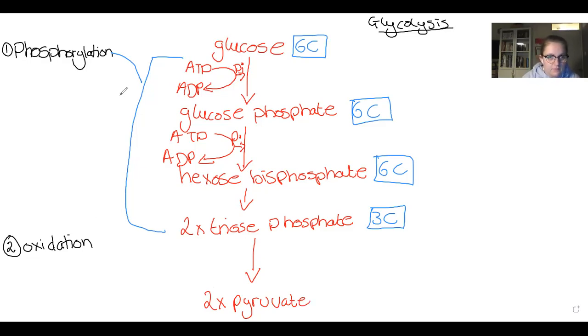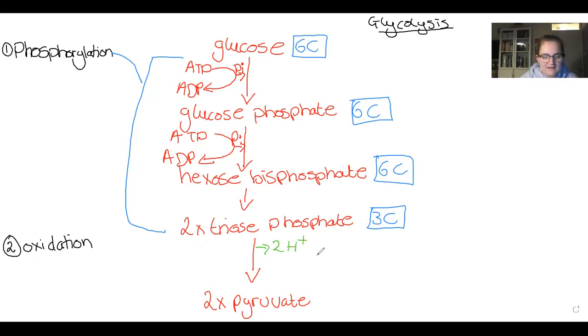How this happens is this way. I'm just going to use a different color pen to show this more easily. So oxidation is loss. We know that. So that means that we've lost some hydrogen. So what happens here is that 2 triose phosphate loses 2 hydrogen ions, 2H plus.